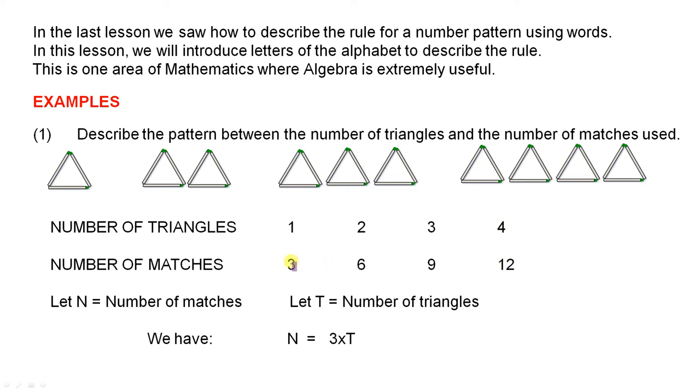So that's n, and that's t. And to obtain n, we multiply t by 3. So that's a perfect example of where we can write the rule down using letters, and that's what algebra is all about. Let's look at the next example.